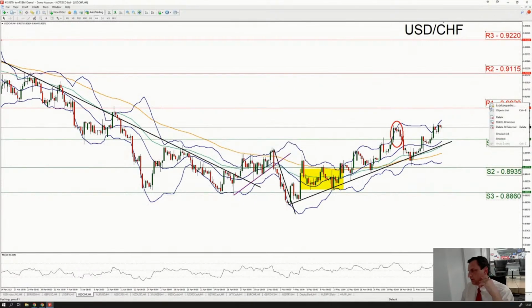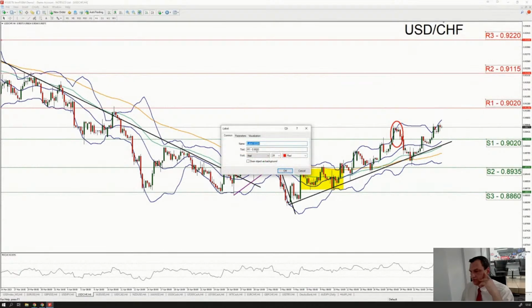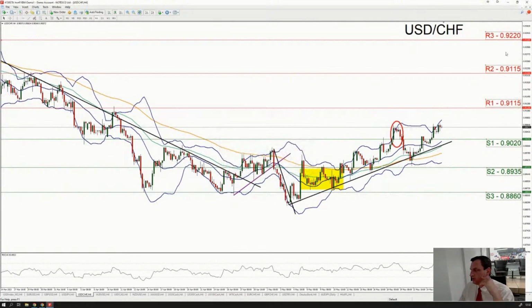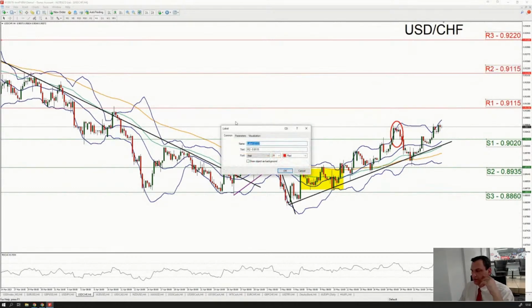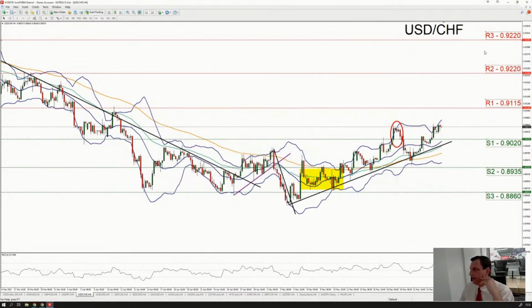The R1 at 0.9115. The R2 at 0.9220. And the R3 at 0.9320.